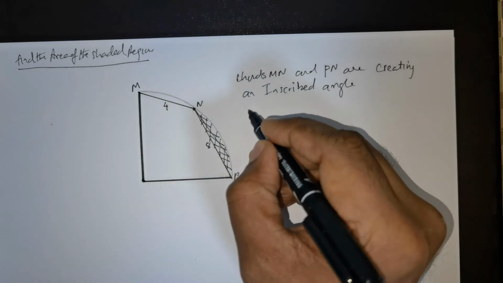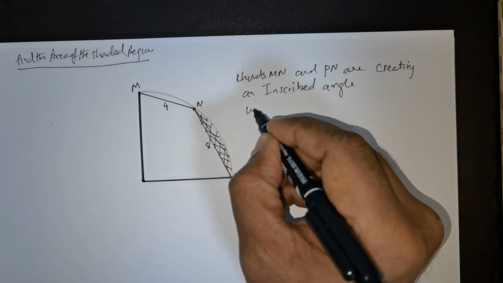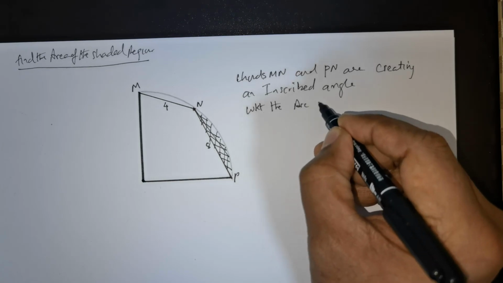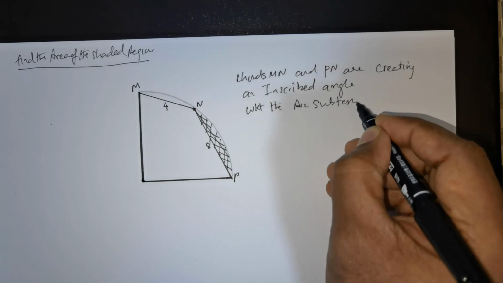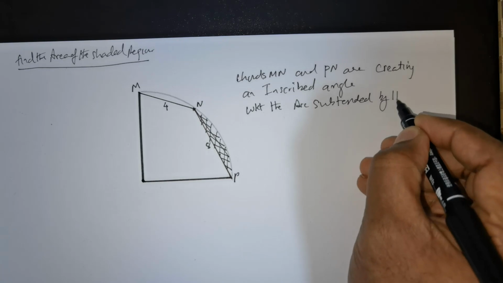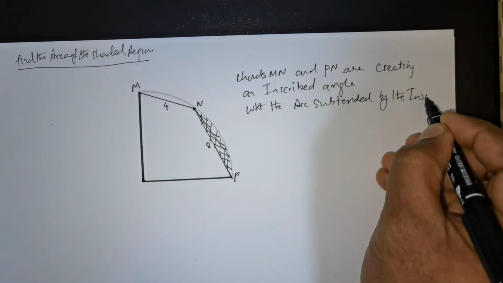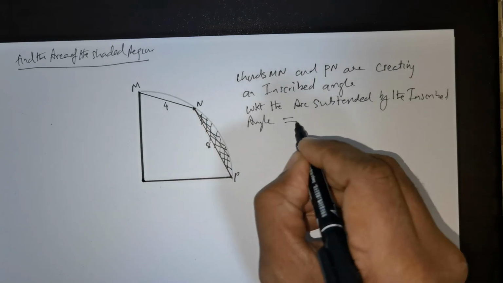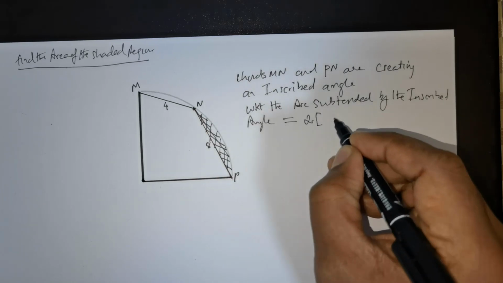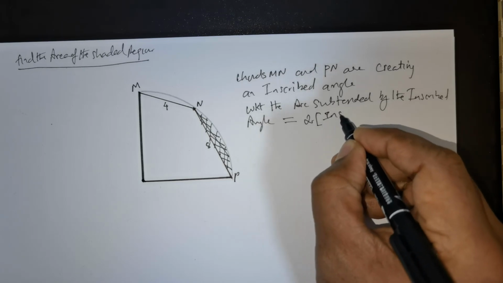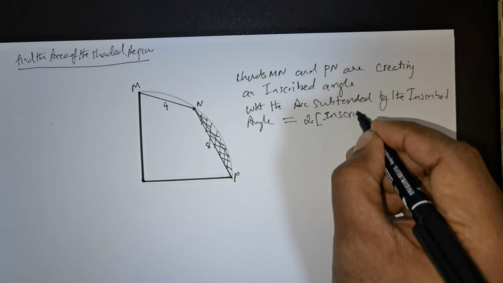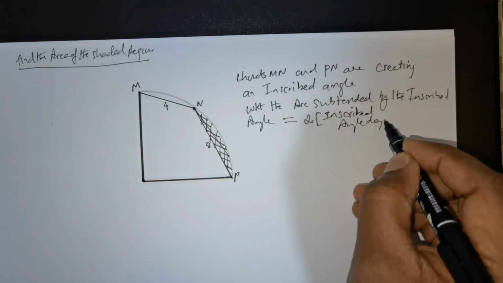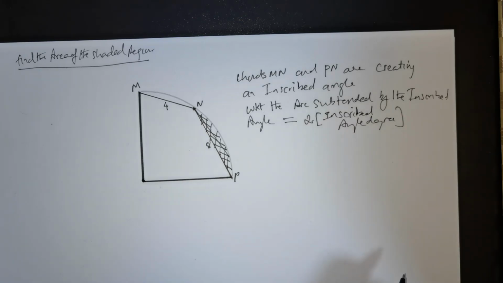Now from geometric property we know that the arc subtended by the inscribed angle will be equal to 2 times the inscribed angle degree.